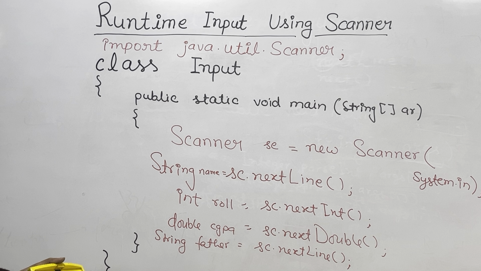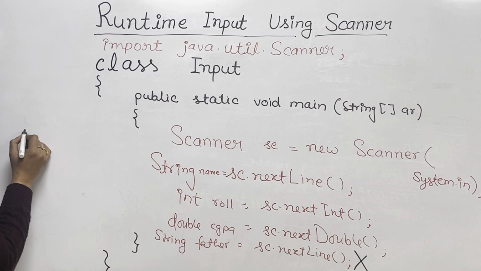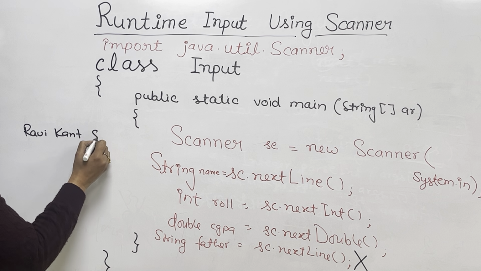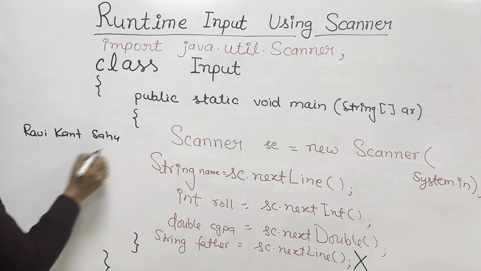Because you have given this kind of input: Ravi Kant Sahu, then you have given the input 10, then you have given the input 7.95. So, everywhere you have pressed enter.